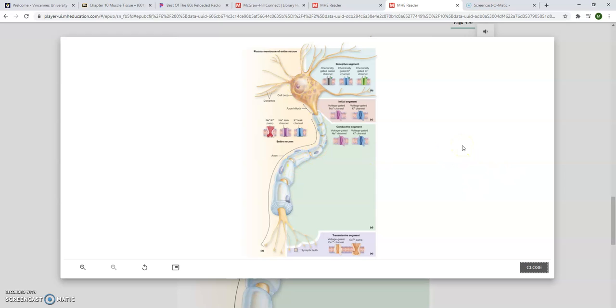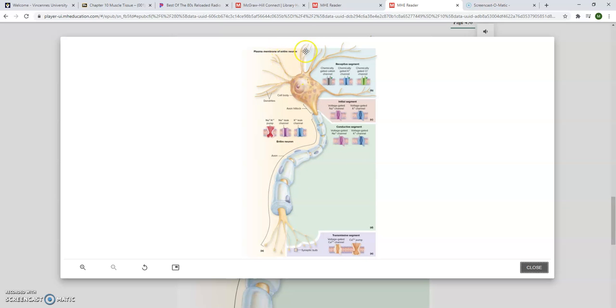So the parts that we want to be familiar with, the basic parts of a neuron, first we want to recognize the shape. It's definitely a much different shape than our skeletal muscle cells, which are long and cylindrical. These neurons can be long, but primarily it's their processes or extensions that are really, really long, like this one.